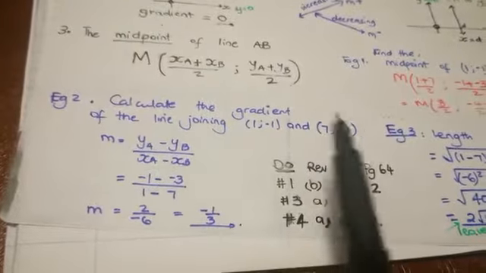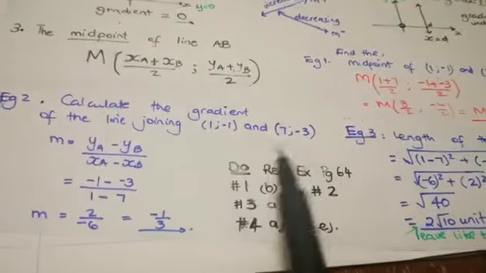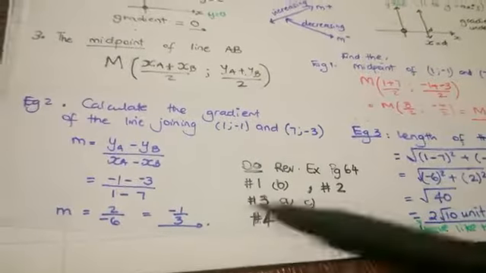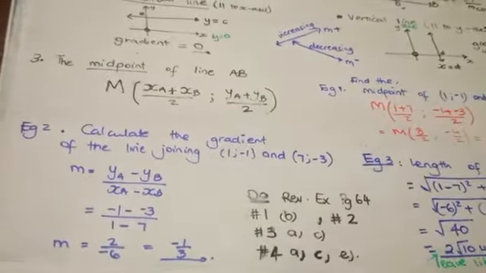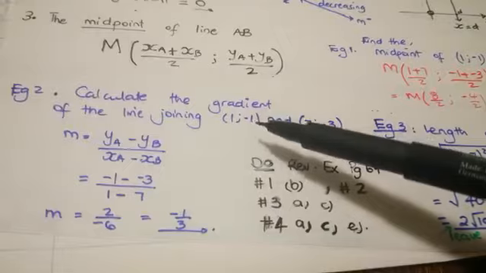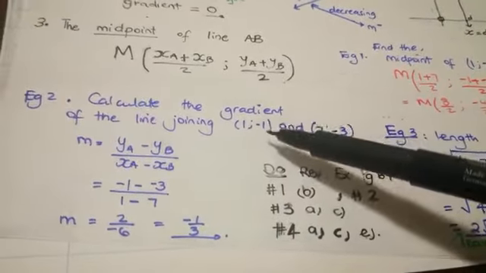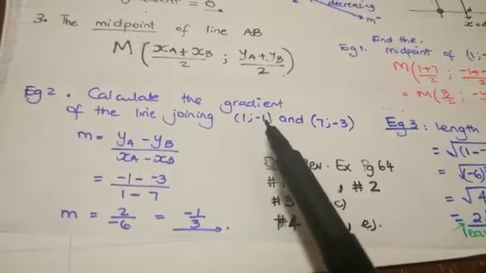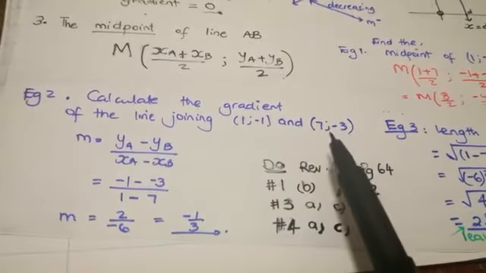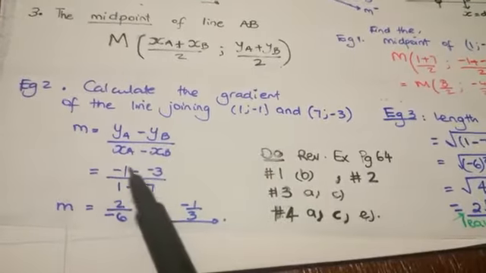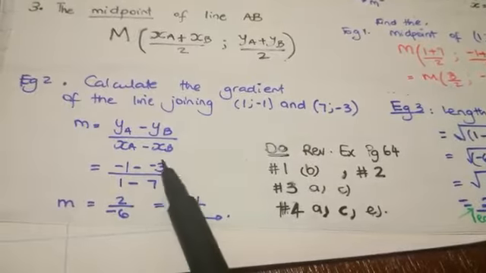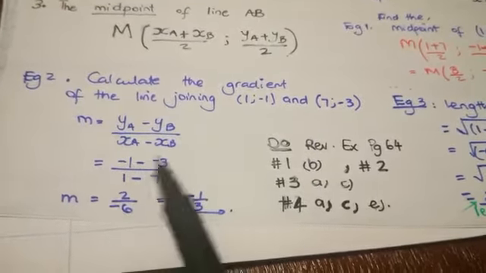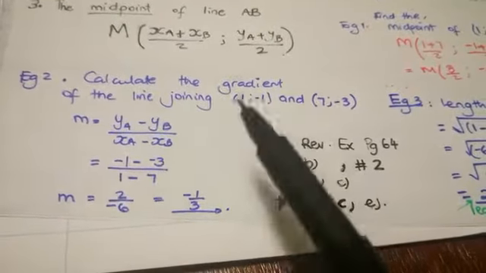Now we're looking for the gradient. Remember, gradient is y over x, not x over y. So we start with the y values. You write the formula, then you substitute: negative 1 minus negative 3, which makes a plus, so negative 1 plus 3, which is 2.